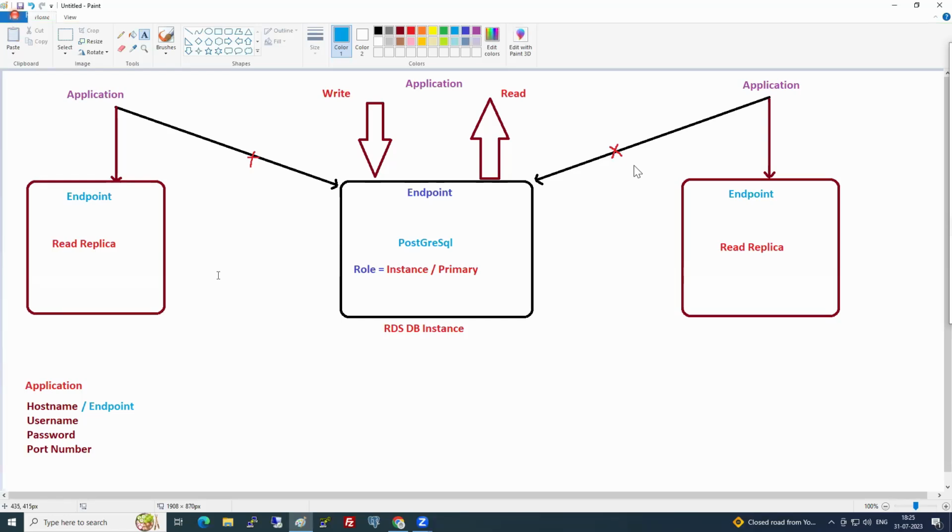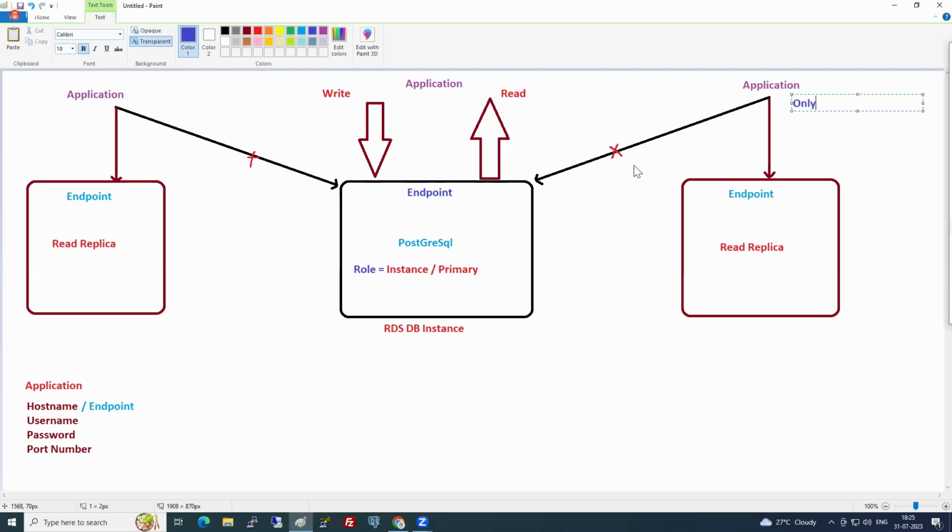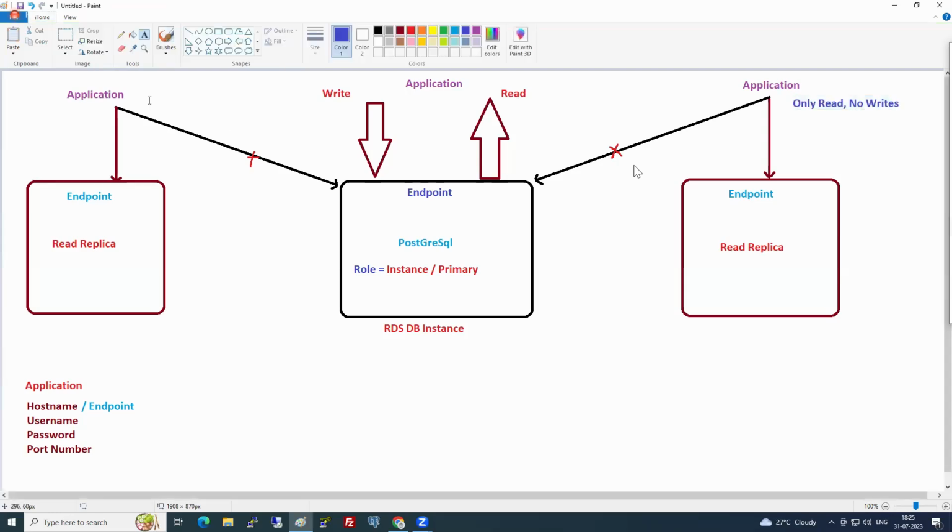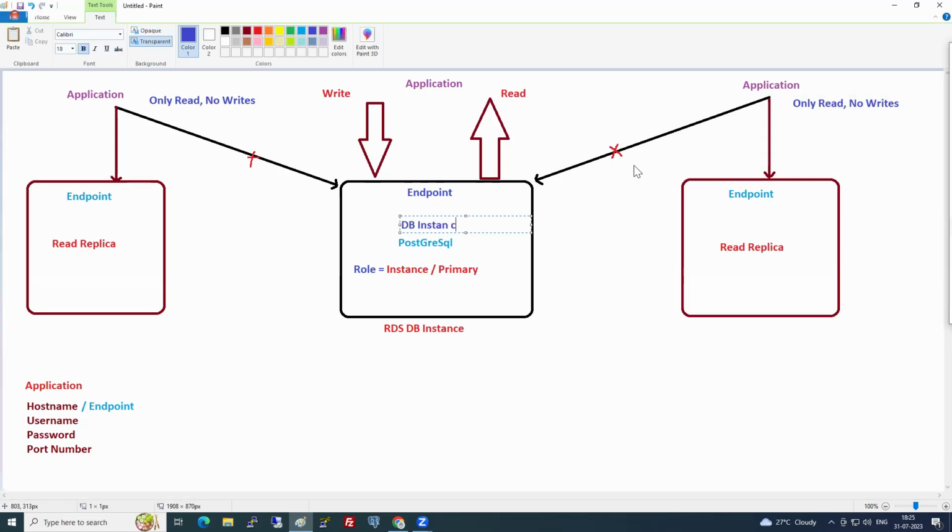Endpoint is nothing but host name, server name. You got it? Okay. Now, are these read replicas used for read purpose or write purpose? It is only reads, no writes. Okay? So can I say this is the DB instance?